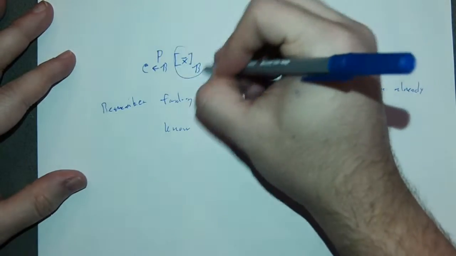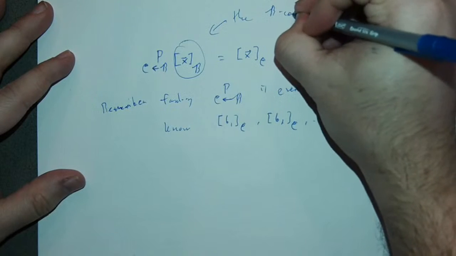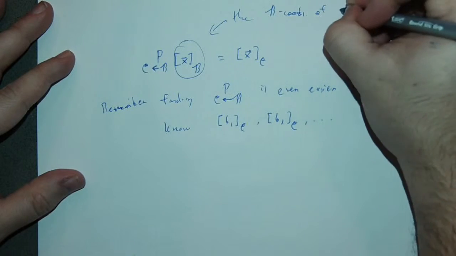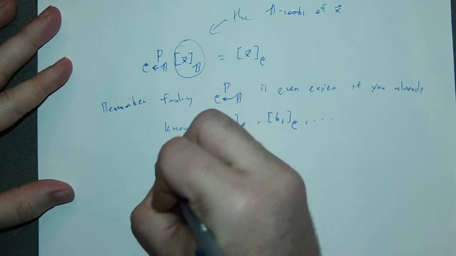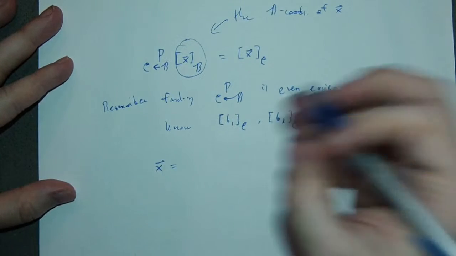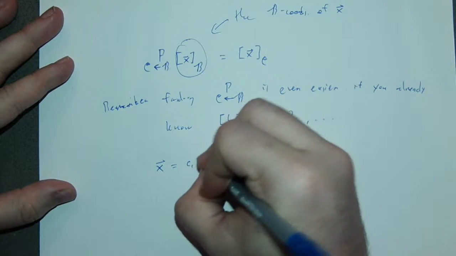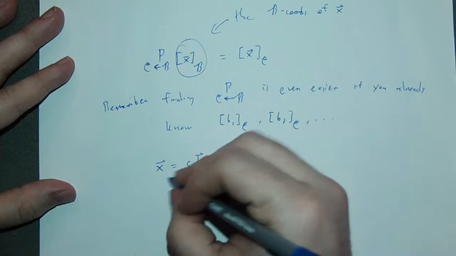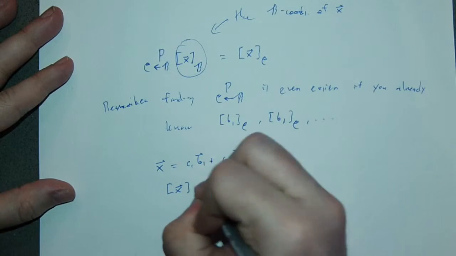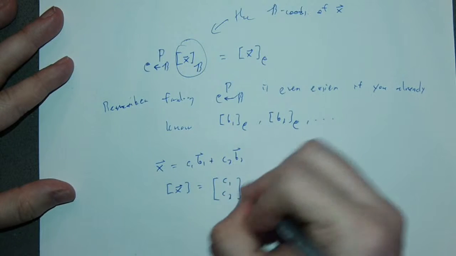This is the B coordinates of X. Well, it depends on the X. If you have a vector X and you can write it as C1 B1 plus C2 B2, then the B coordinates of X would be C1, C2.